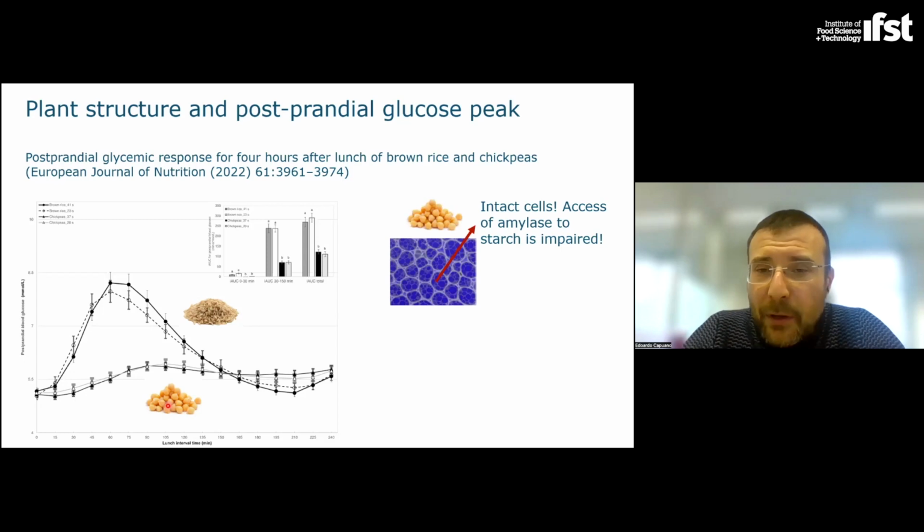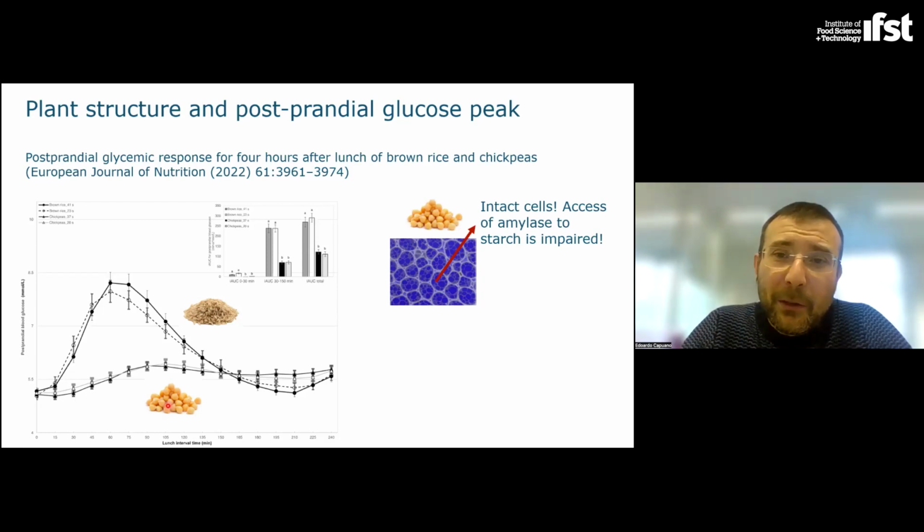And the reason for that can be easily understood if you have a look at the two foods at the microstructural level. When you see the microstructures of cooked chickpeas, you see that most of the cell walls are still intact, which means that the amylase, which is the enzyme that digests starch, is impaired in reaching the starch, which is located within the cells.